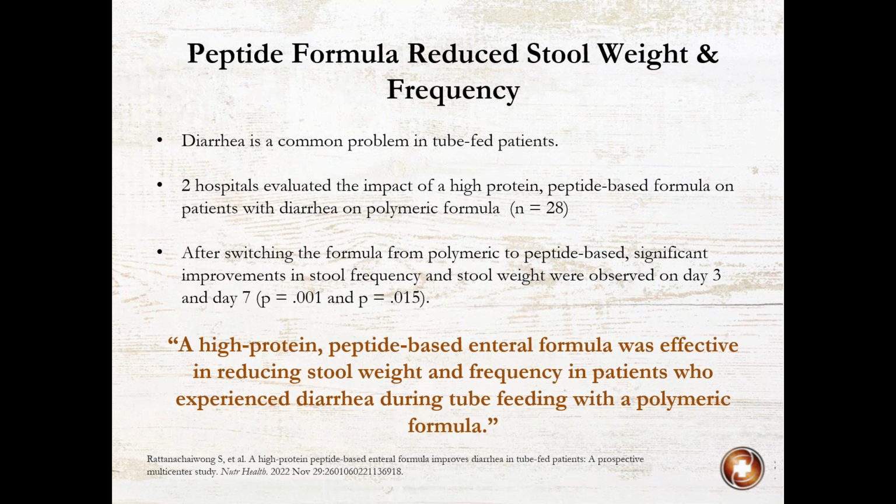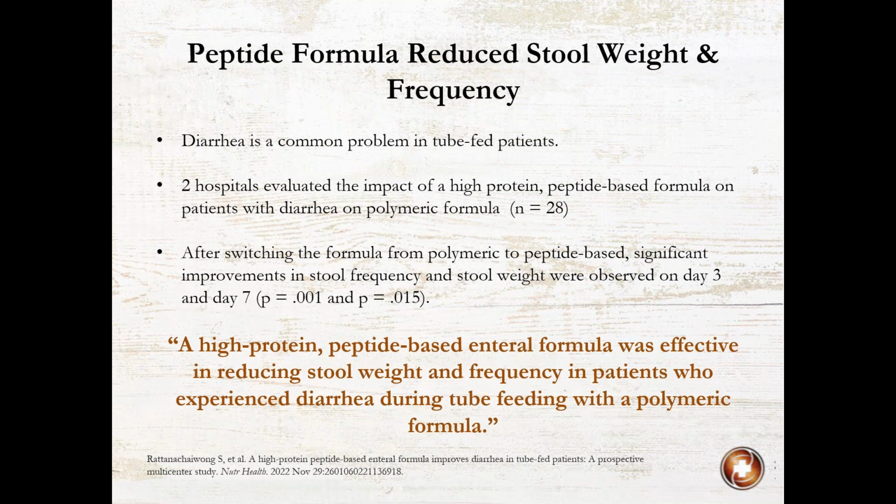So in this study, they were looking specifically at stools. They measured the stool frequency and the stool weight. There were 2 hospitals. They provided a high protein peptide-based formula to patients that had developed diarrhea on standard polymeric formulas.